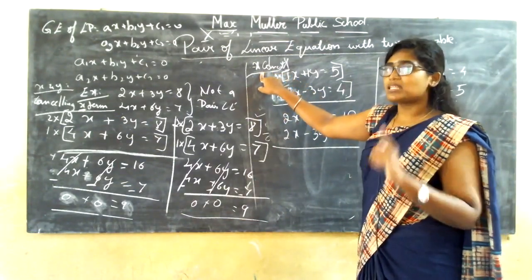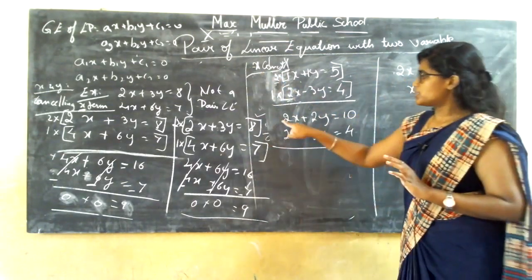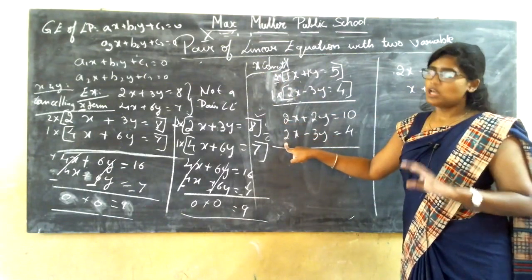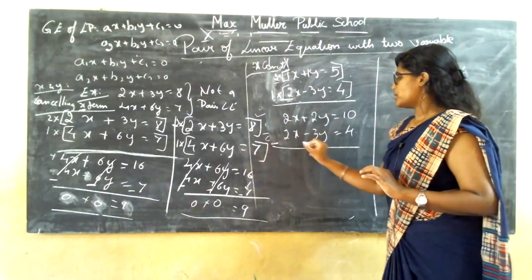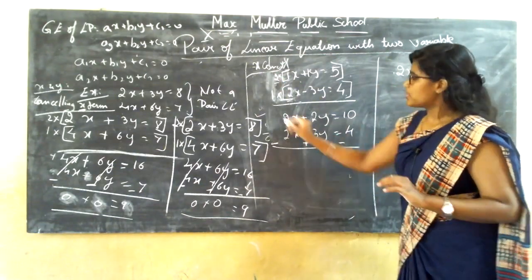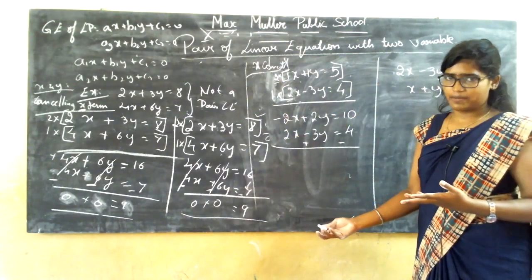If you are going to cancel x terms, the x terms should not be of the same signs. Here it is plus and here also it is plus, so it should not be of the same sign. Then what are you going to do? You are going to change the sign. If here it was minus and there plus, there is no necessity of changing the sign.